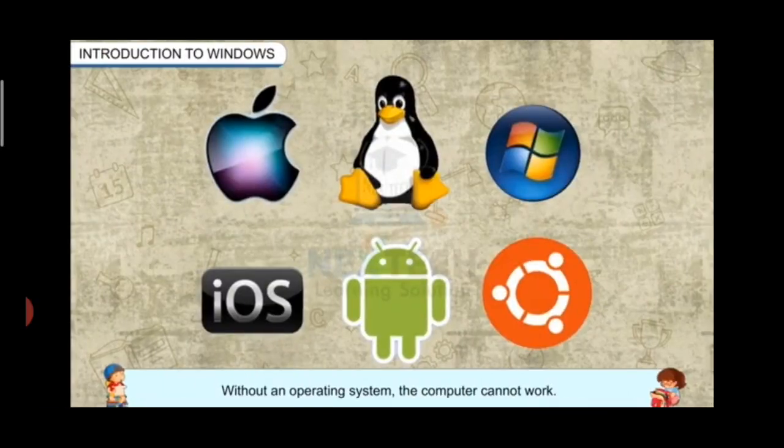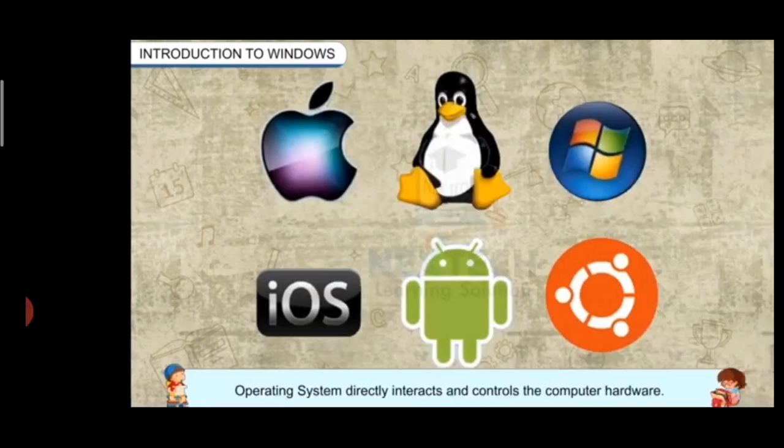Without an operating system, the computer cannot work, because who will manage all the work related to the computer, all the input and output devices, whatever input we give to the computer and output we get from the computer? Everything will be managed only by the operating system. So without an operating system, our system will not work.